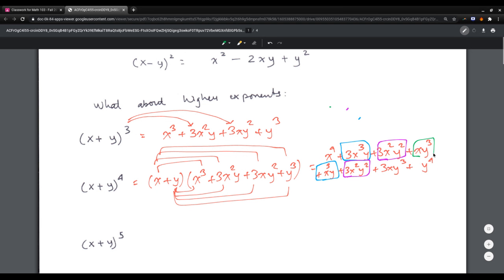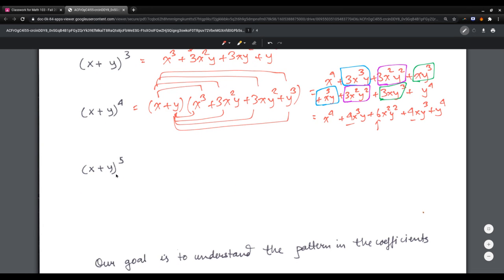I have xy cubed and I have 3xy cubed, so these can be combined. And when I combine, I get x to the 4, and 4x cubed y, and 6x squared y squared, and 4xy cubed and y to the 4. So as expected, we see the number 4, but then we also see this new number 6, right?